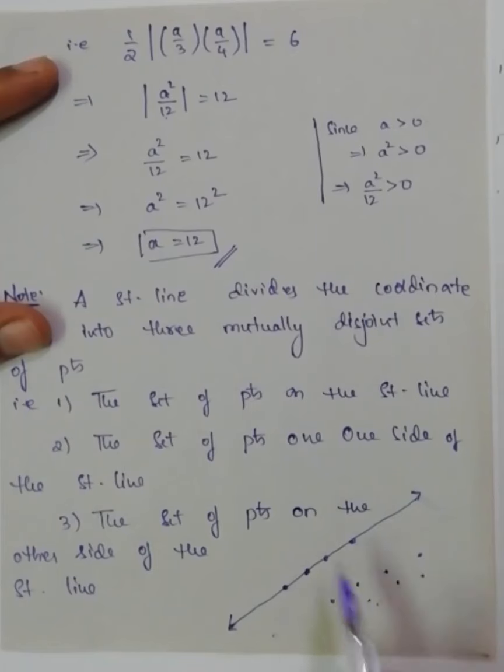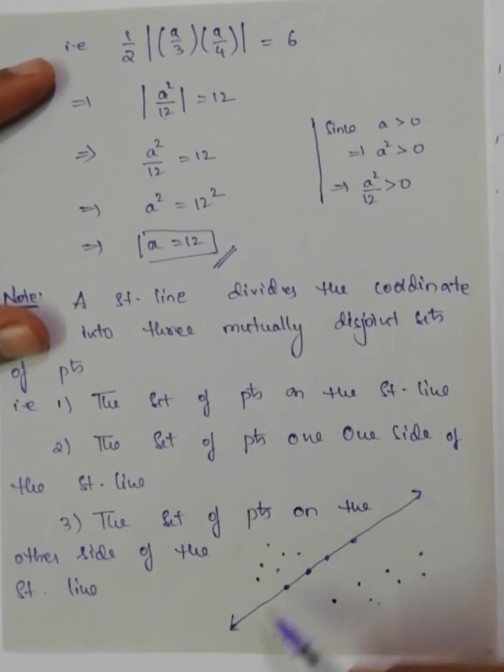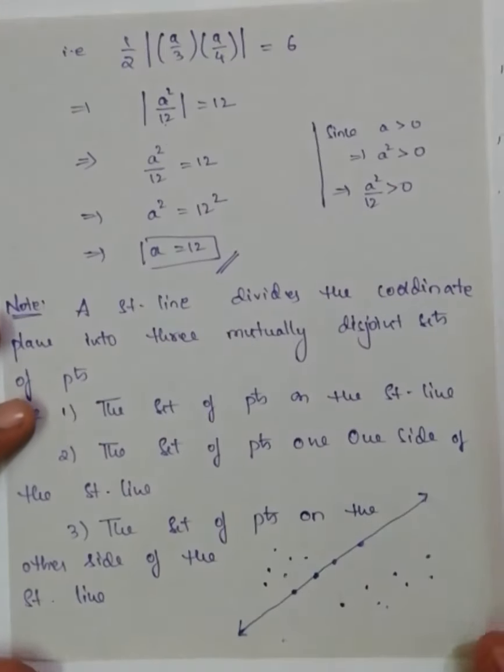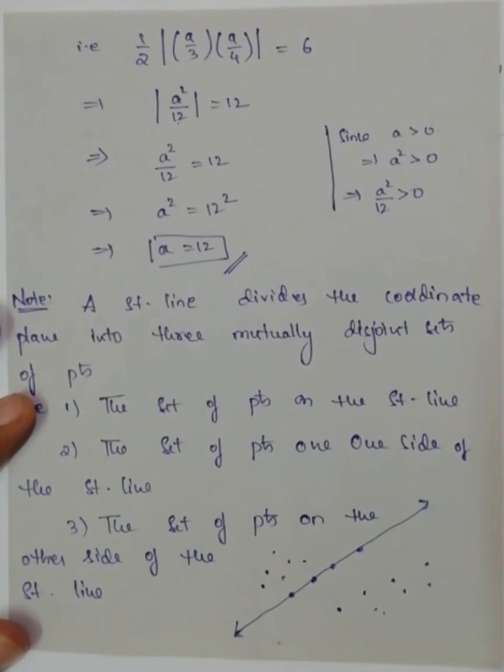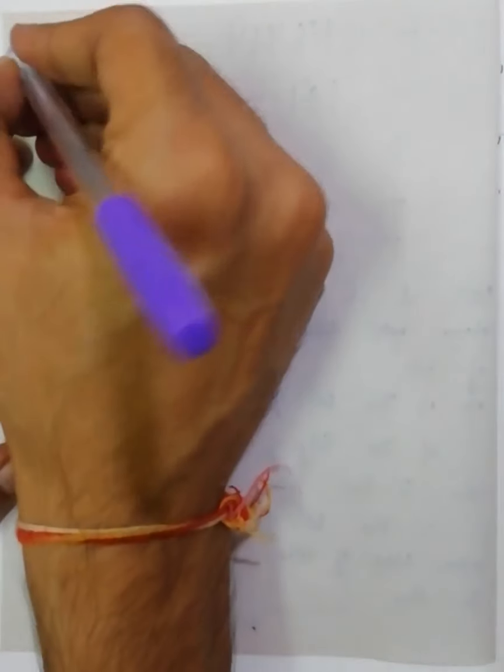This is the one side and this will be the other side. Therefore, I can say that a straight line divides the plane into 3 disjoint sets. One is the points on the straight line, one is the points on the one side and the third one is the points on the other side. Notations.